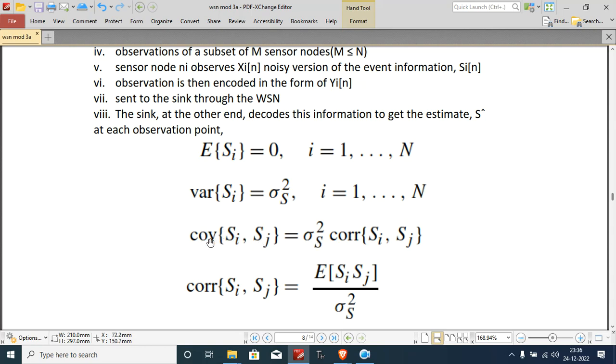So this covariance is equal to correlation times variance, and if I cross multiply this variance onto the left hand side, we get correlation of Sij equal to the covariance, which can be thought of as the expected value of Si times Sj divided by variance.